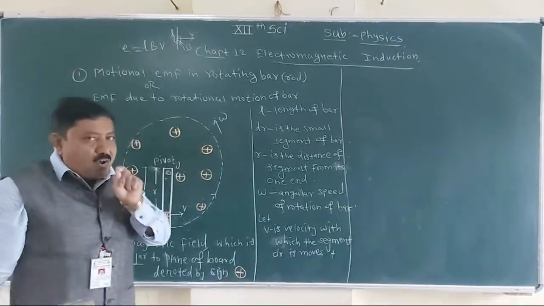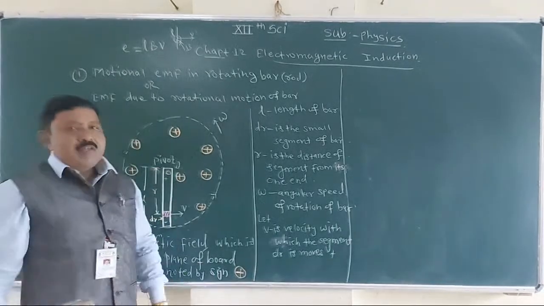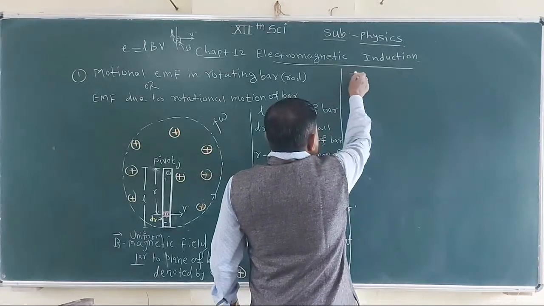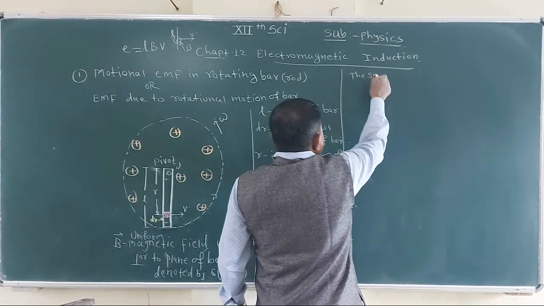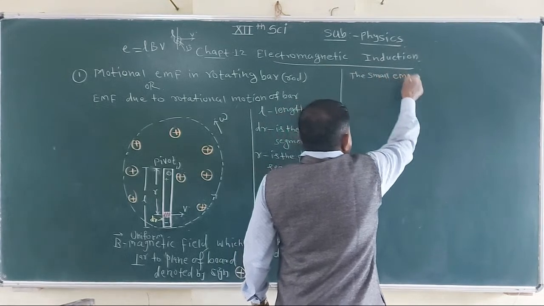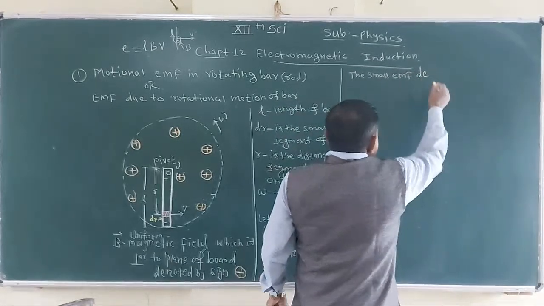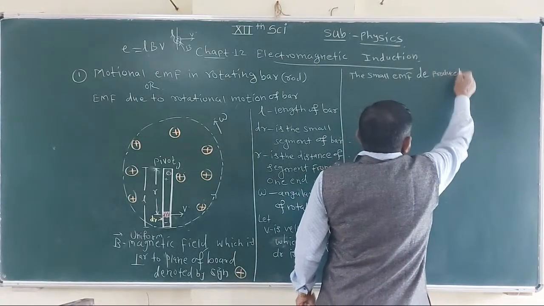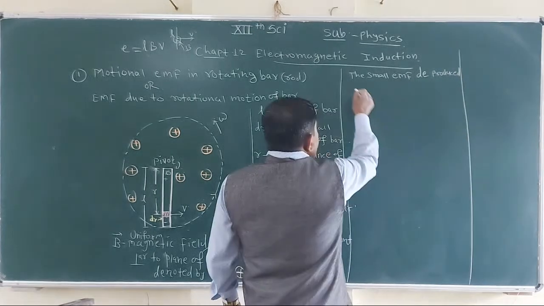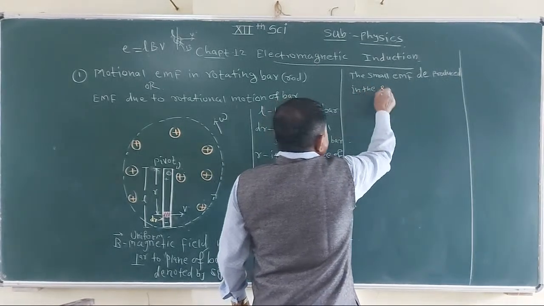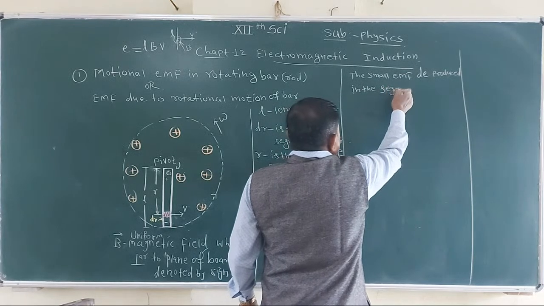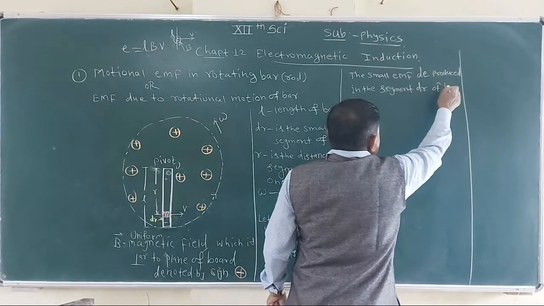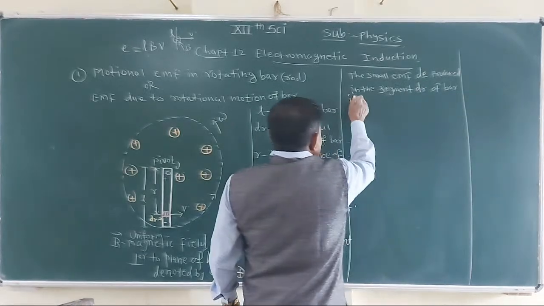Then the small EMF induced in the segment dr is given by, then the small EMF dE produced in the segment dr of rod or of bar is, what is that EMF?